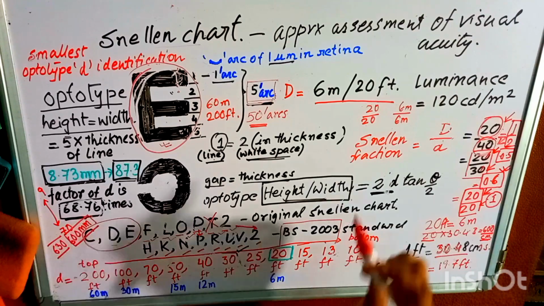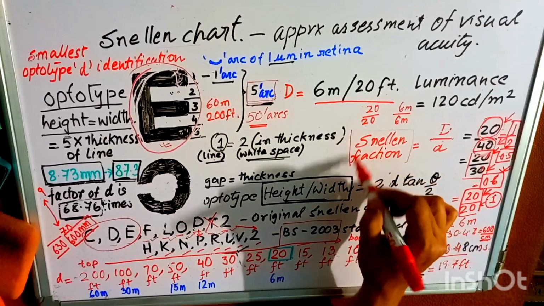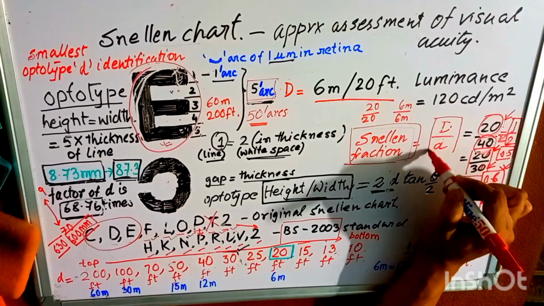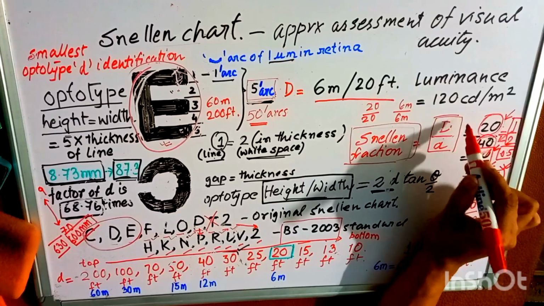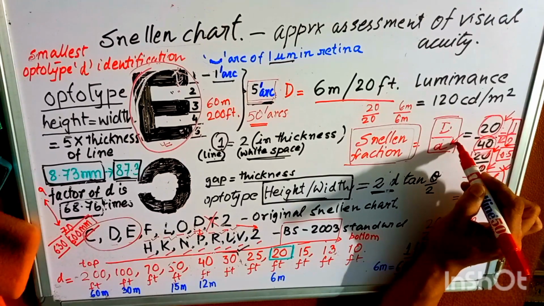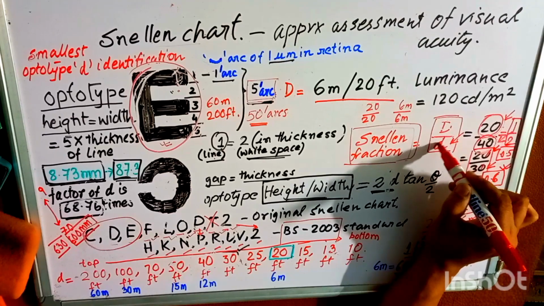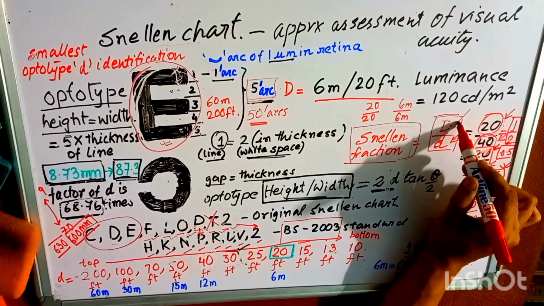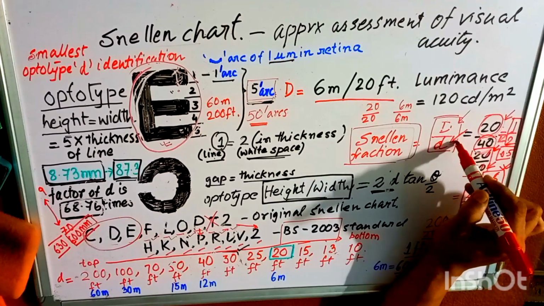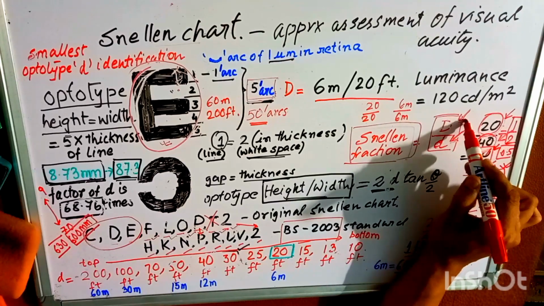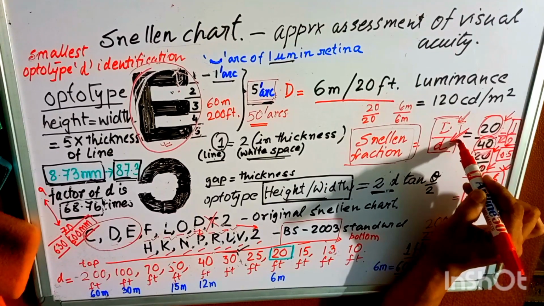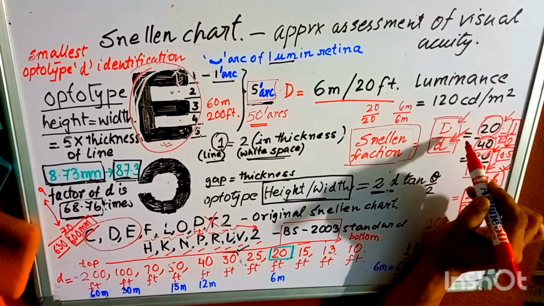So you can use this Snellen's fraction, big D by small d, and read it like this: even standing at 20 feet, I cannot read a 30 feet optotype or a 40 feet optotype, which I should have read, because a normal eye reads it at 30 feet or 40 feet.